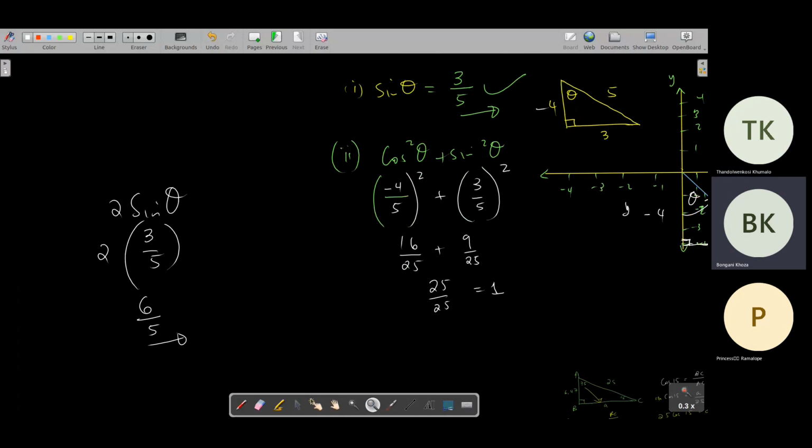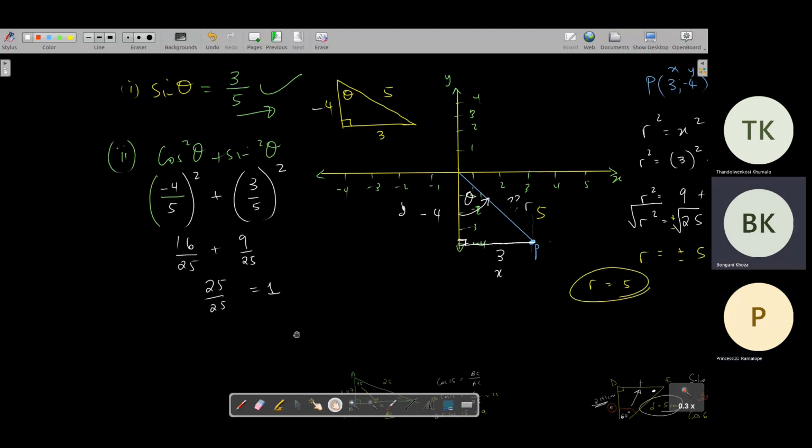Any questions on this? No. All right. So we guided you: firstly, take the information and plug it into a diagram in the Cartesian plane. Then find the longest side, your hypotenuse, or the side that you don't have. From there, use that information to find sine theta, or the expression with cos squared theta plus sine squared theta.